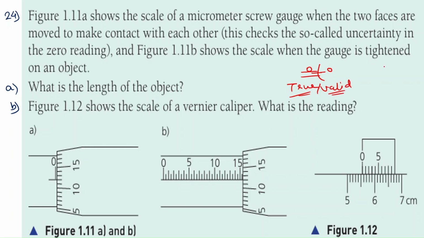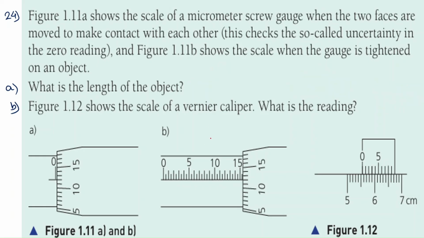After the measurement of the object, I got a result of about 12 mm. So I need not subtract anything: 12 minus 0 means 12. So I got the answer right. But whenever you have an error in the instrument, you have to eliminate it after taking the readings.